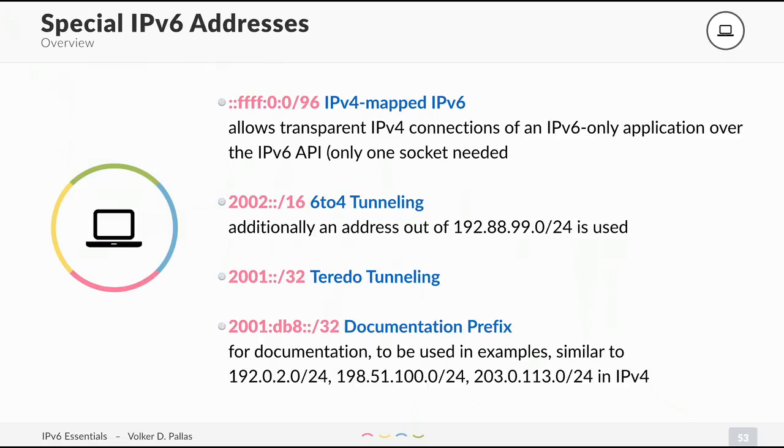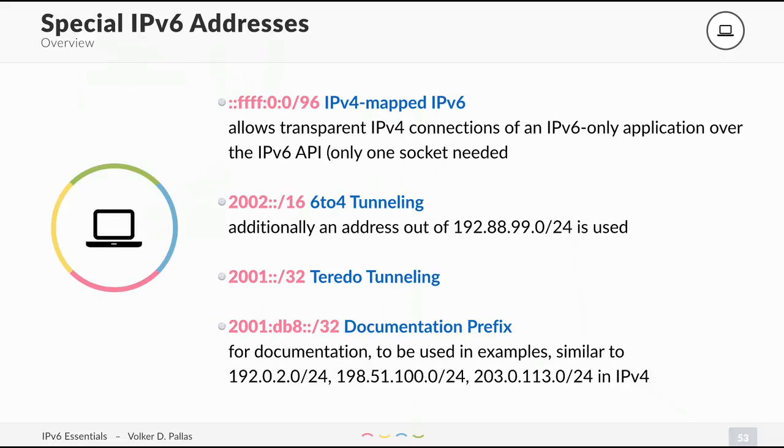Then we have a different space for 6to4 tunneling, which starts with 2002. We have a special range for Teredo tunneling, which starts with 2001::/32. Remember, one nibble is 4 bits, so 2001 is just a /16.